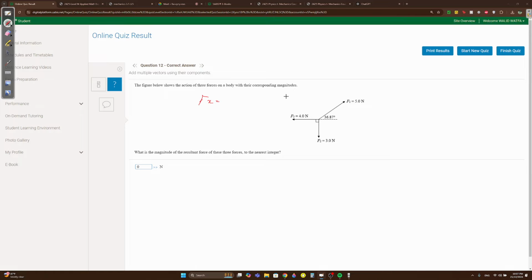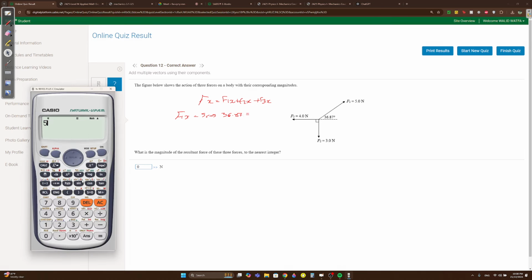Let's call this f1. fx is f1x plus f2x plus f3x. f1x is 5 cosine 36.87. I won't write it, but I'll do it. You know what? Let me write. f1x is 5 cosine 36.87, which is equal to 4.